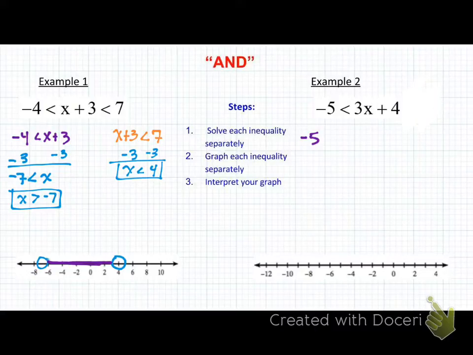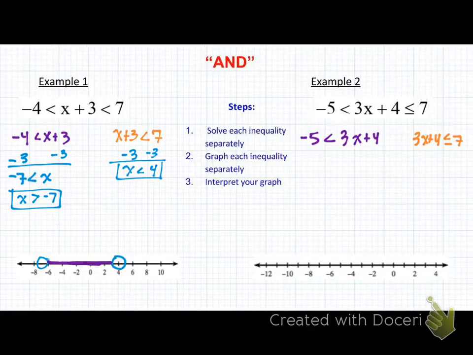So let's just say this is the original equation: negative 5 is less than 3x plus 4. And then this second equation I have to rewrite also. I'm going to cover the first part now and rewrite it: 3x plus 4 is less than or equal to 7, okay? So I just covered them. Now I'm going to solve these separately.